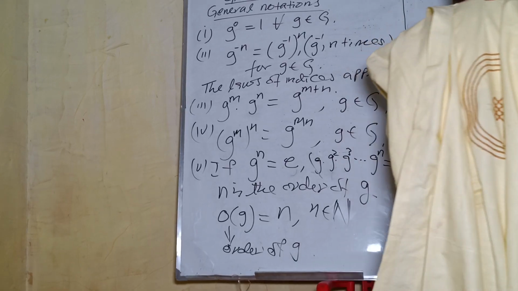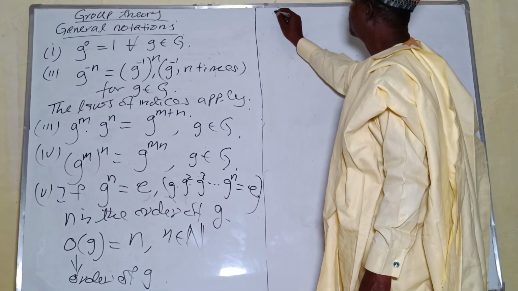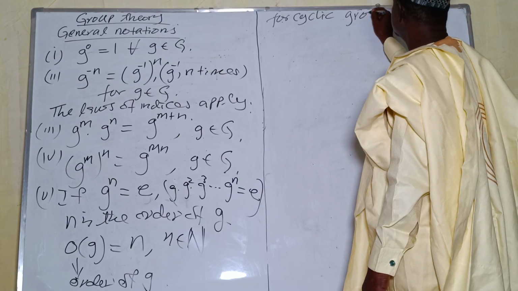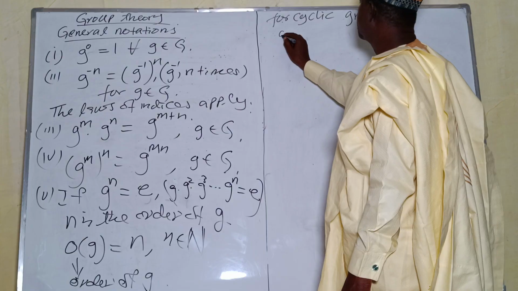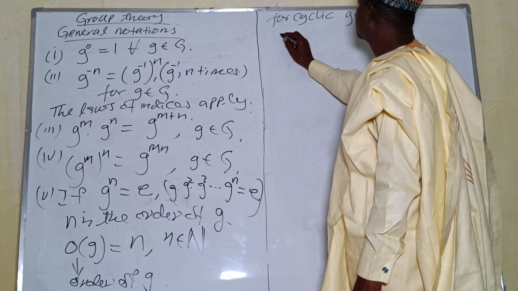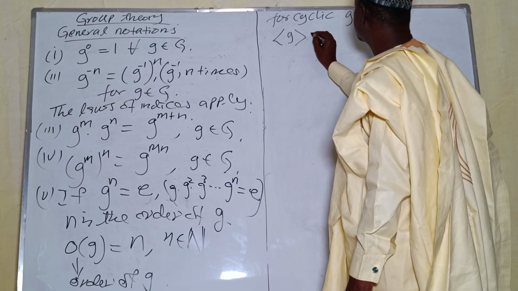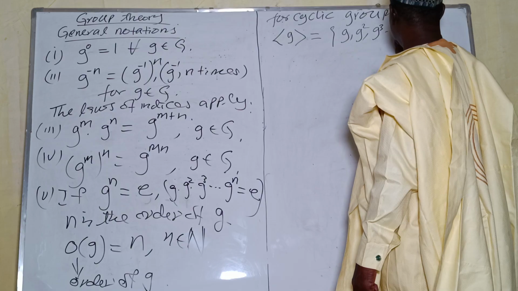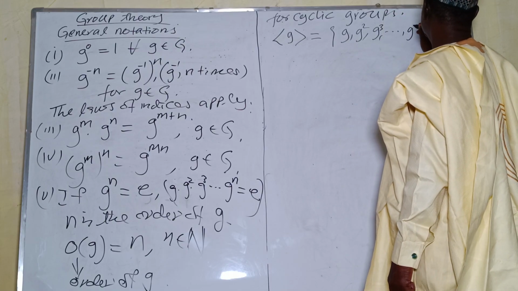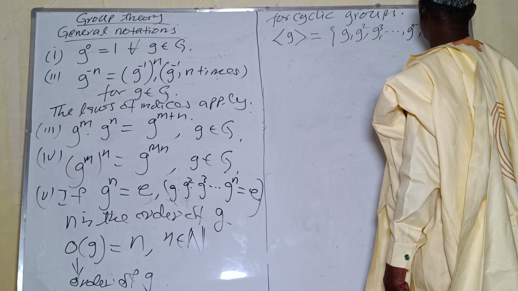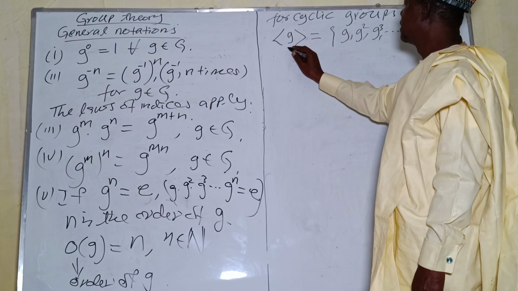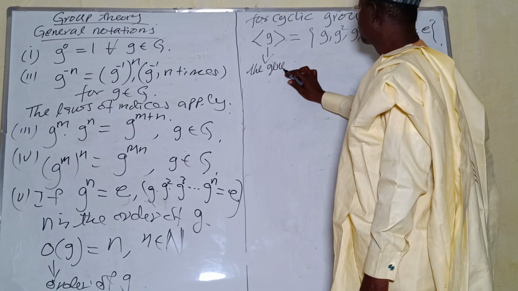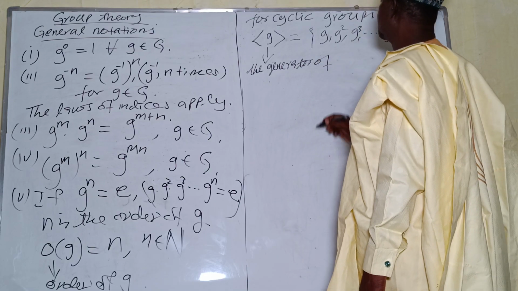Now we also note that for a cyclic group, for example, because this happens actually in cyclic groups, the order of g, we write g like this to represent g, g2, g3, up to g^(n-1), with g^n equals e, the identity element, and we then call this the generator, okay.